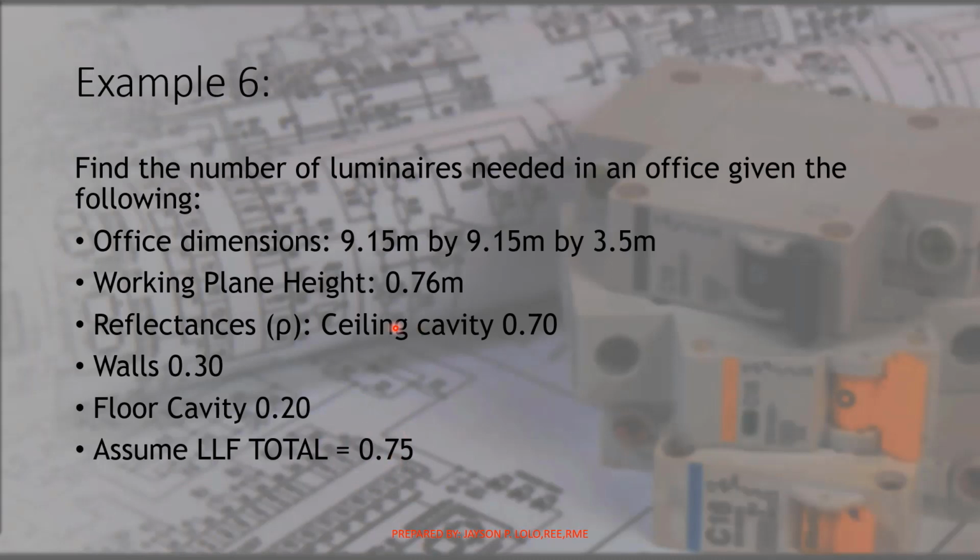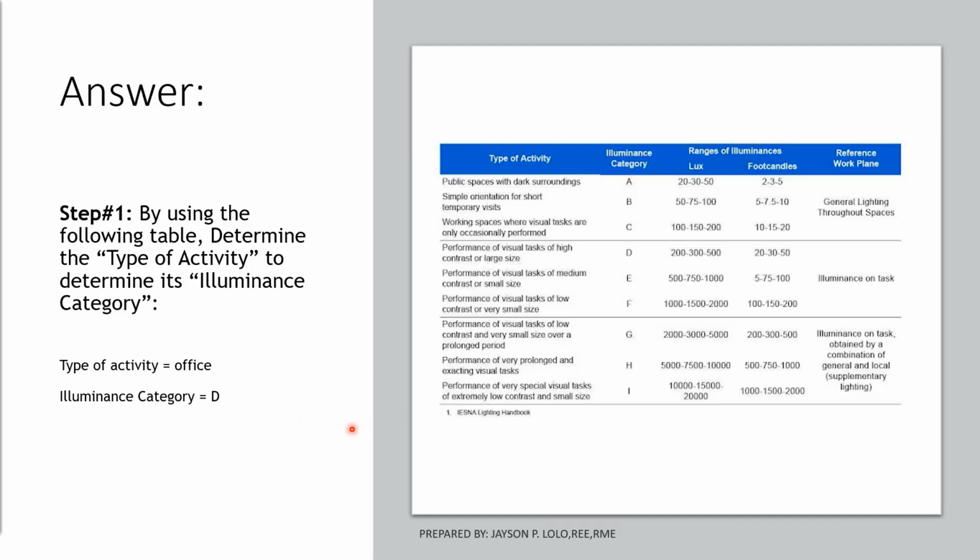Now, how to get that answer? By using the following table, determine the type of activity. Since it is an office, automatically it is a performance of visual tasks of high contrast or large size. It's up to you what category you want to use, but you need to be consistent.